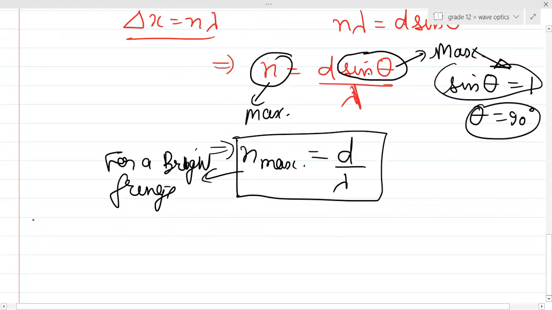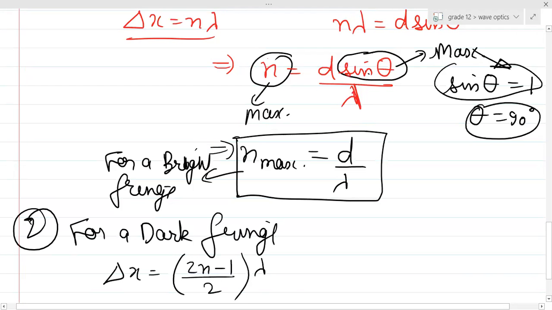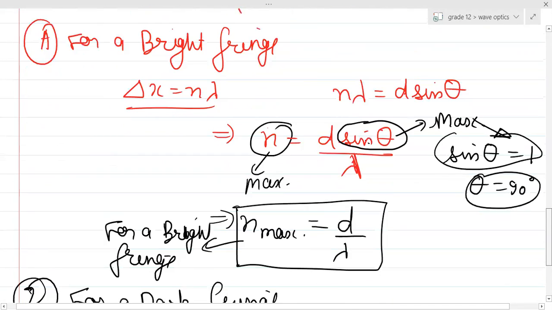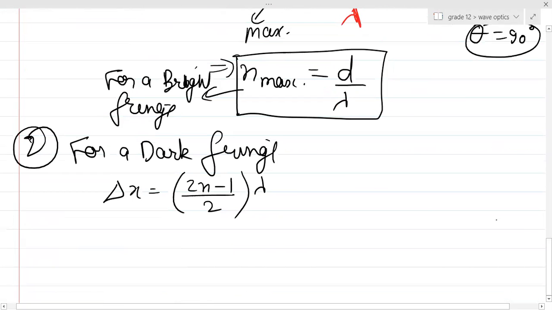Now similarly, for a dark fringe, the value of delta x is basically (2n minus 1) by 2 into lambda, right? Can I rearrange it something like this: (n minus 1 by 2) into lambda?